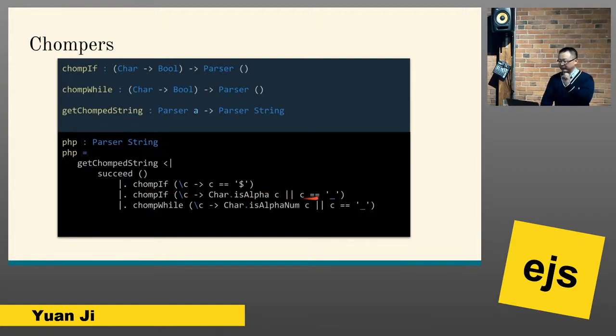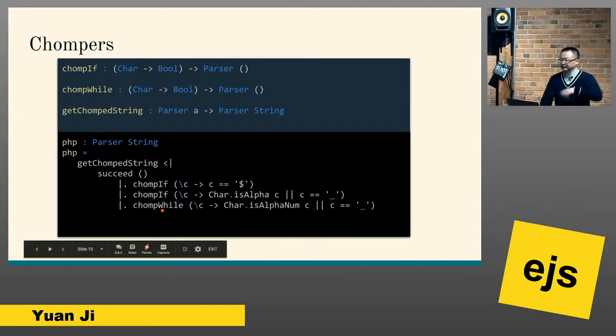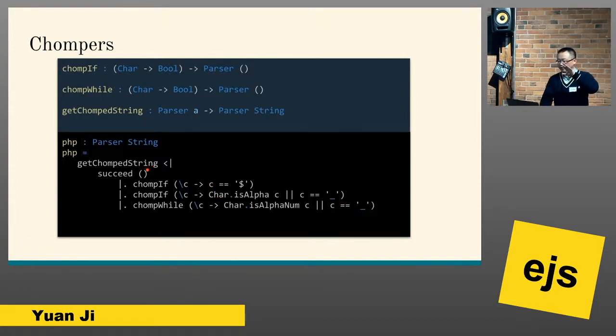The second character must be an underscore or a letter. So I got that. I ignore. Then I keep chopping, keep eating the characters. All the following must be alphanumeric, a digit, letter, or underscore. I keep going from the bottom. When I finish, I pass that to get chop string of the PHP variable name as a value.